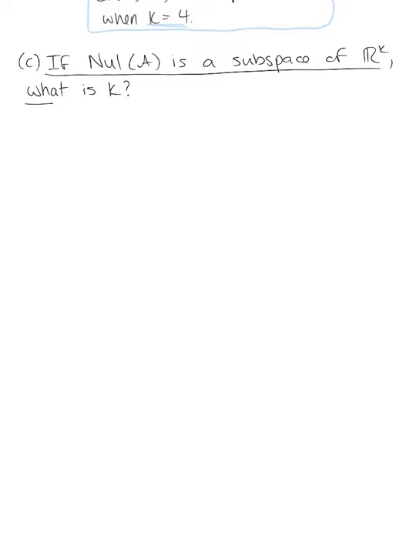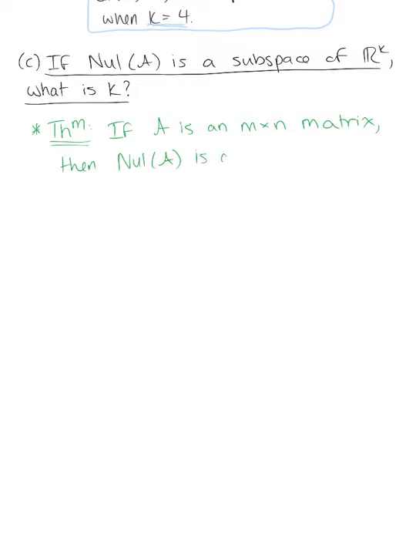Just like we did in part B, to answer this question, we want to recall the theorem related to the null space of matrix A. If A is an m by n matrix, then the null space of matrix A is a subspace of Rn.